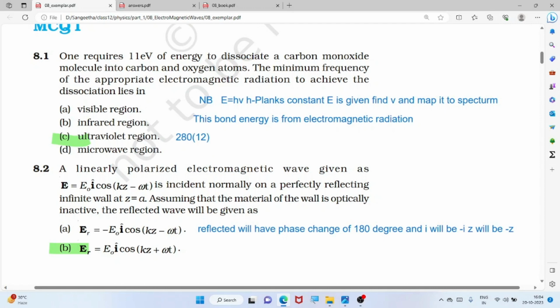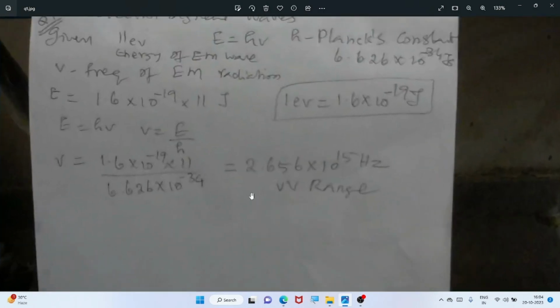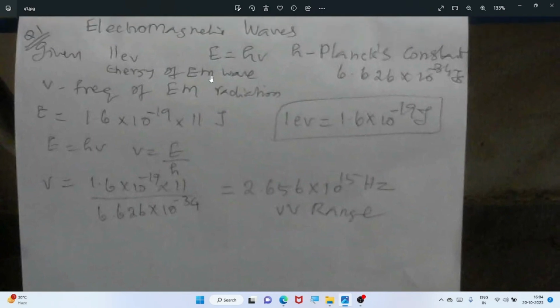So we have to apply this energy equal to Planck's constant times the frequency, and then after finding the frequency, we have to map that frequency onto the spectrum. This bond energy is from the electromagnetic radiation. E equal to h mu. Planck's constant is this. They have given the energy in electron volts, so you have to convert the electron volt into joules using this conversion.